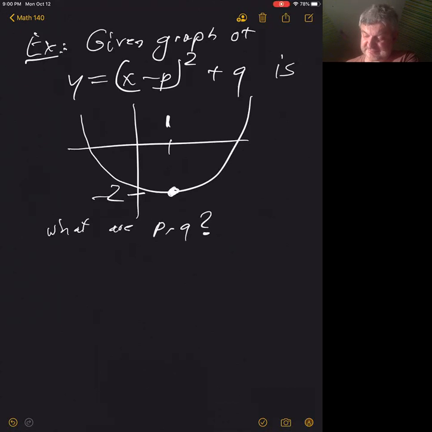And the answer is p should be 1 and the q should be -2. In other words, you can just read them right off the picture. So this is like a graph of the standard parabola shifted 1 unit to the right and 2 units down. That's all there is to it.